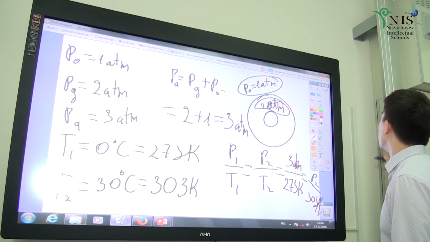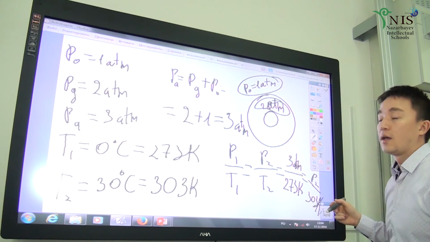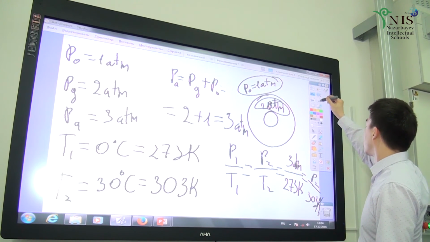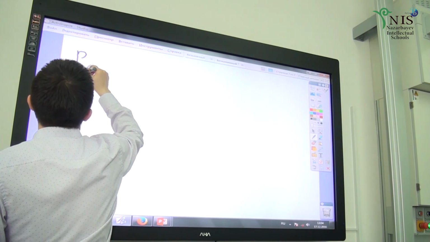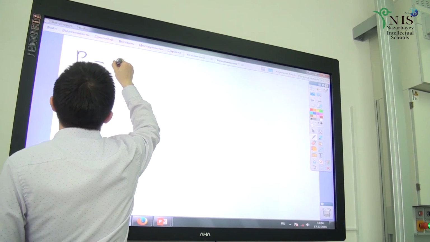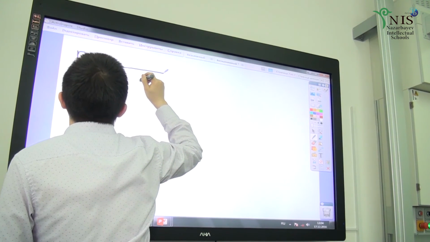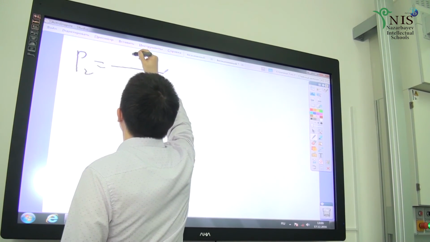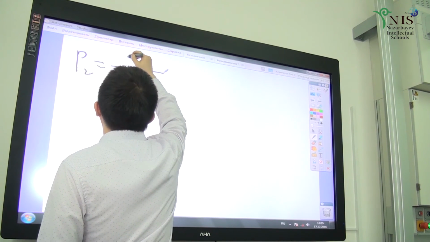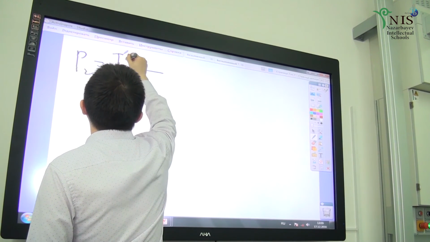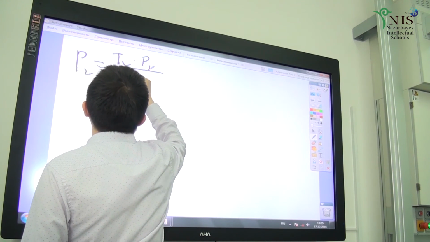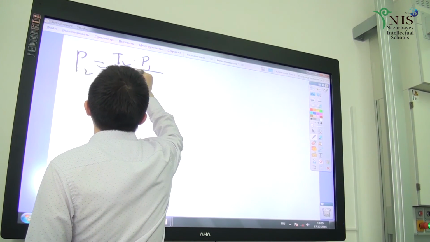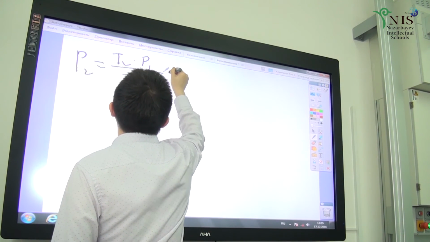So let me continue my calculation on the next page. So our pressure 2 is equal to the multiplication of temperature 2 multiplied by pressure 1 and divided by temperature 1.